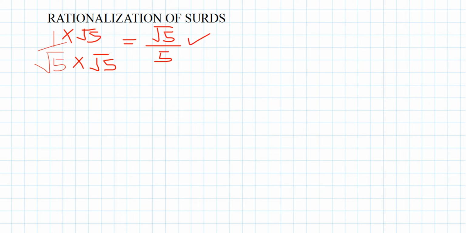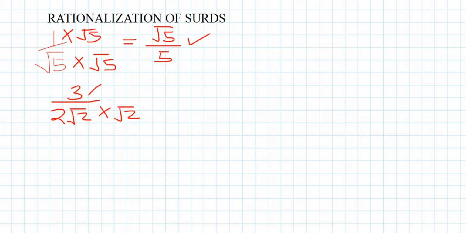In another scenario, we can have a coefficient. For example, a scenario whereby we have got 3 all over 2 root 2. In a scenario like this one, we can choose to multiply by the coefficient and the surd, or we can multiply by the surd only. So in order to remove the surd from the denominator, we can multiply by the square root of 2 in the denominator.